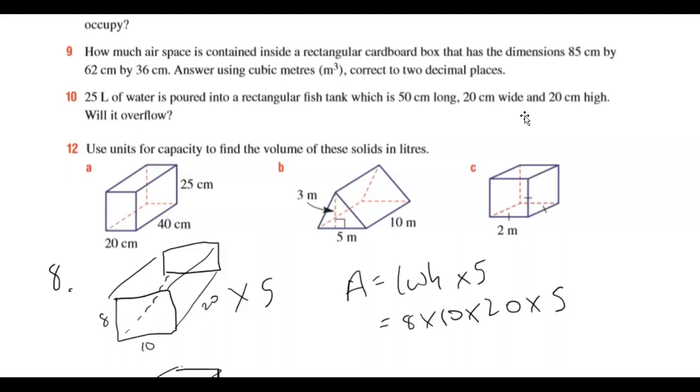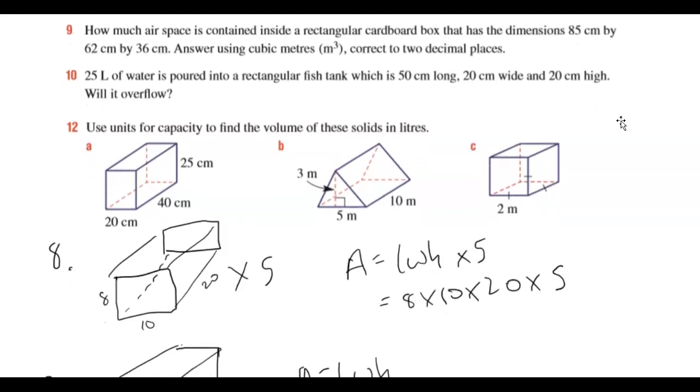And I've just done that on my calculator, which is 20,000. Then we need to convert that into liters. So 20,000 centimeters cubed. For converting it into liters, we divide it by 1,000 and I get 20 liters. So will it overflow? It certainly will. So your tank is only 20 liters big, so 25 liters of water will not fit.